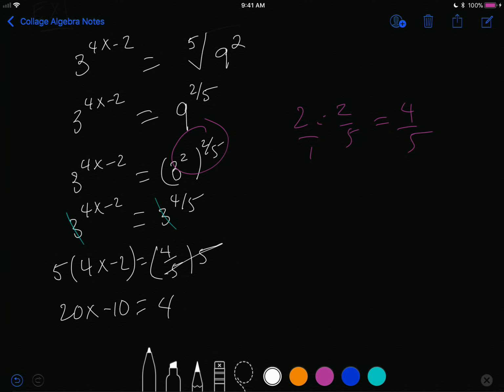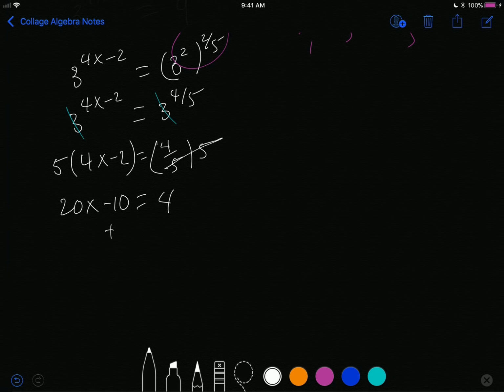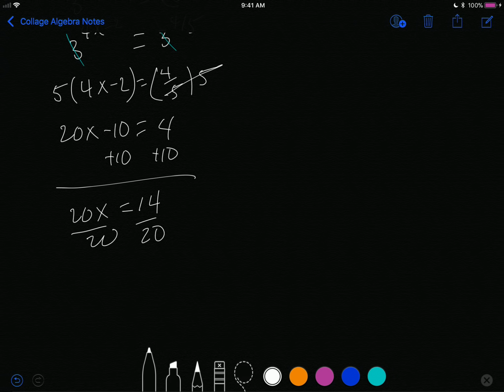And then the algebra will take me home. Add 10. So 20x is equal to 14 divided by 20. Oh, that looks like a W. And so x is equal to 14 over 20, which reduces to 7 over 10. That's my answer.